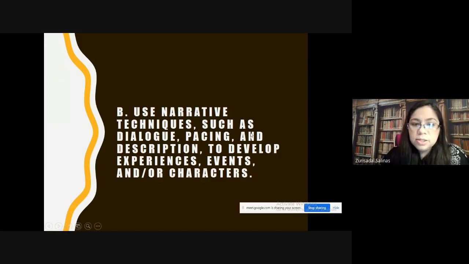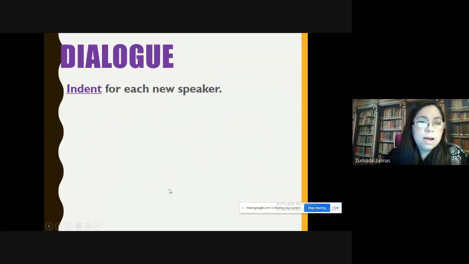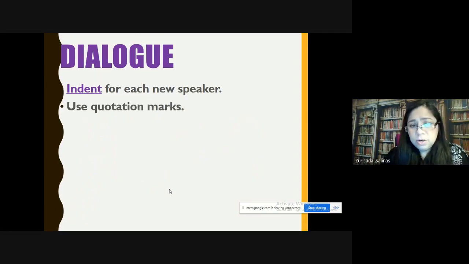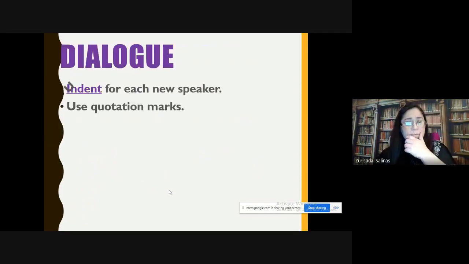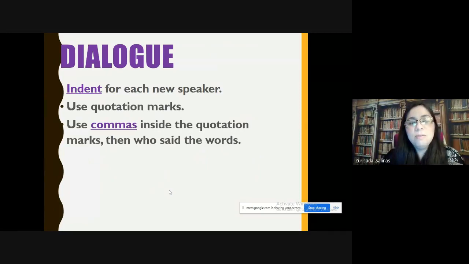Use techniques such as dialogue, pacing, and description to develop experiences, events, and other characters. All right. So one thing that I want to focus on today is dialogue. All right. And dialogue is when two characters are having a conversation. When a writer is trying to tell a story, bringing it to life, they want to include conversations that the characters are having, because it's so easy to say, well, she said this and then he said that, but that becomes boring.